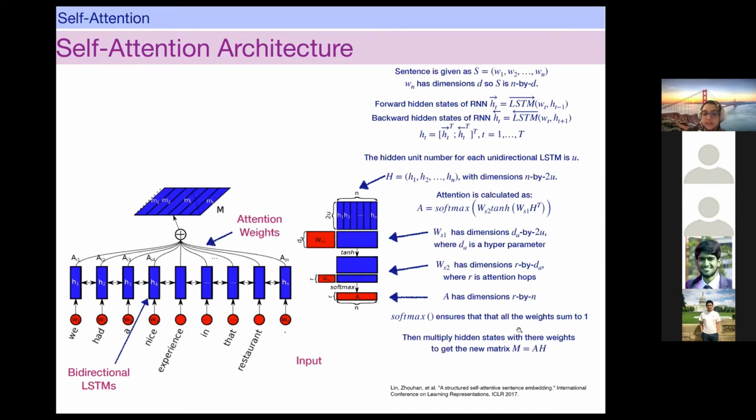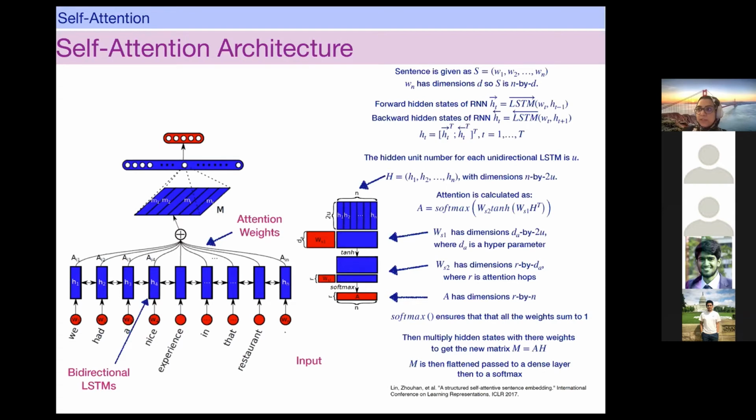And then we take these hidden states, multiply them with their weights, and we have this new matrix M. We flatten this matrix, pass it through the dense layer and the softmax, and continue with our classification. We call this self-attention because we're attending to ourselves and there is no encoder and decoder. When people started using self-attention, it improved the performance of recurrent networks dramatically. So that's kind of what self-attention means.